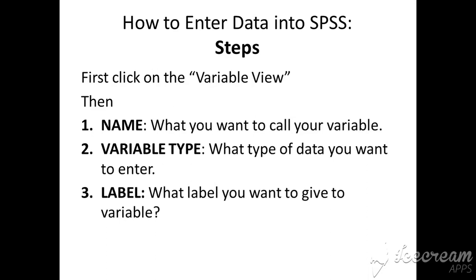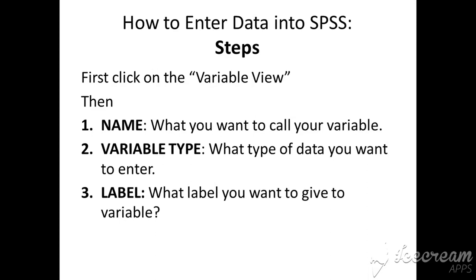The first column is the name, where you enter the name of the variable, and the second column is the variable type, which is which type of data you want to enter, either qualitative or quantitative data. Then you give a label, the detailed label.